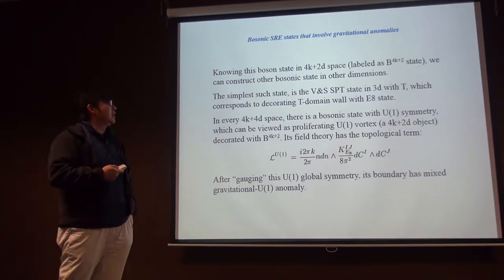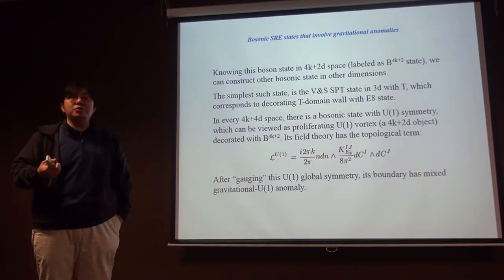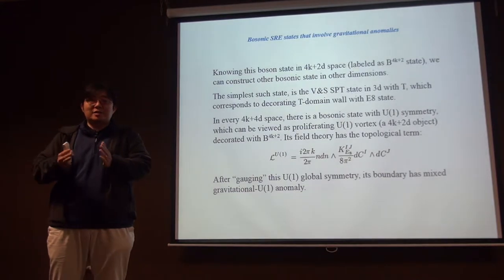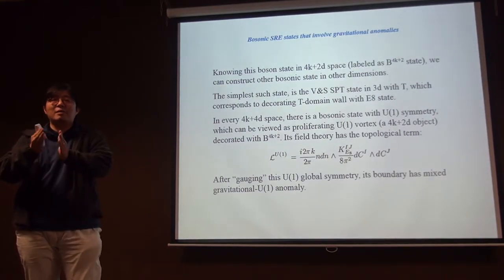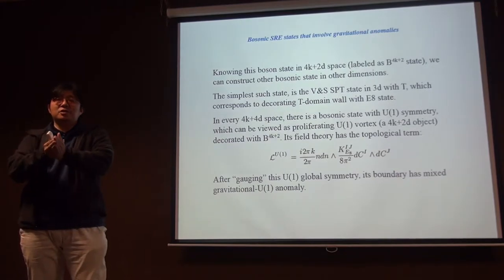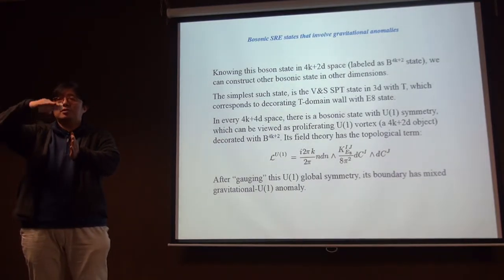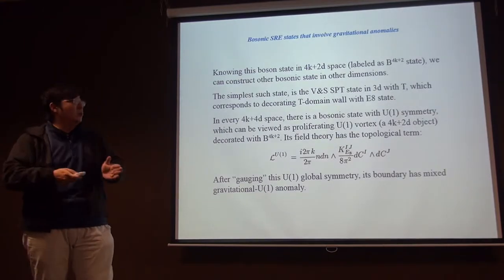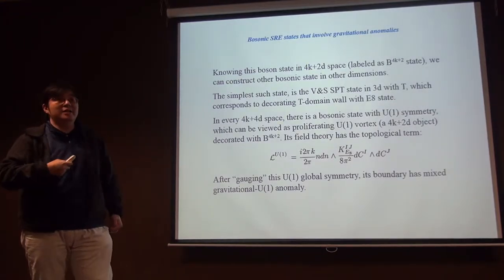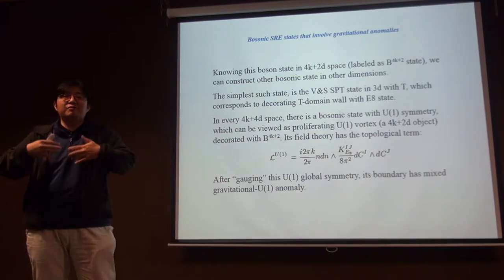Most naively, this state can be viewed as a time-reversal invariant system. I first break time reversal, then consider the 2-dimensional time-reversal symmetry breaking domain wall, then I decorate the domain wall with this BE state, and then I proliferate the domain wall.